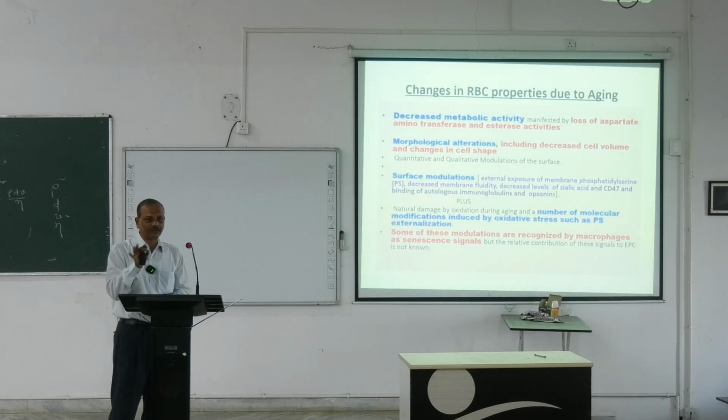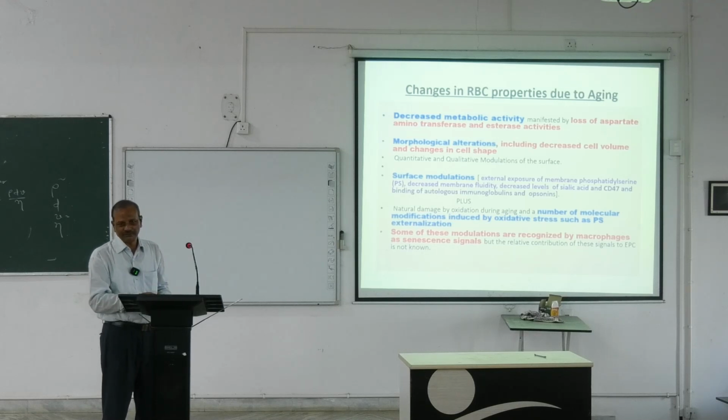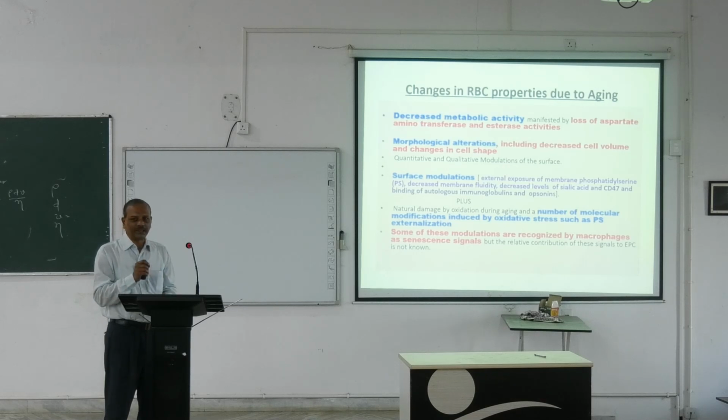See, on the phagocytes, there are sensors. They sense through intermolecular interaction that it is aged. And any aged person will have decreased metabolic activity. The same is true with RBC. So first they will lose the aspartate aminotransferase and esterase activity inside the cell, which the phagocyte will not be able to recognize.